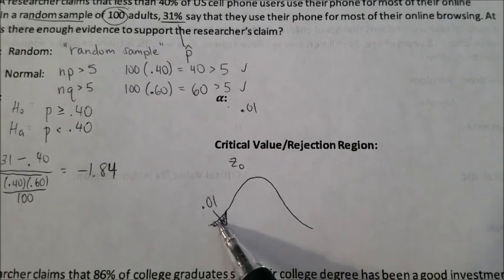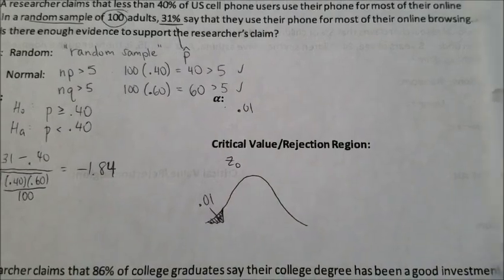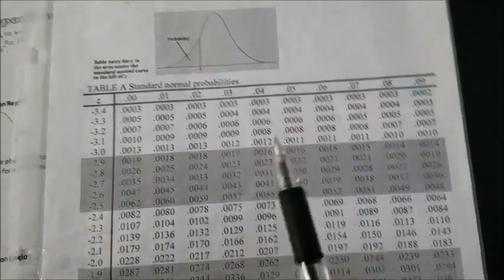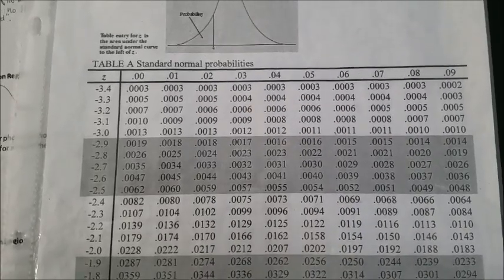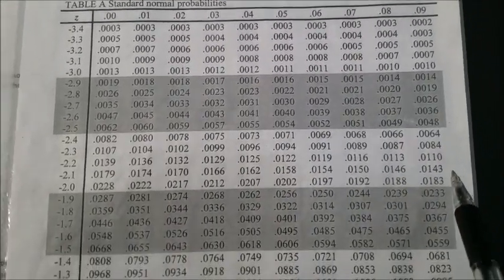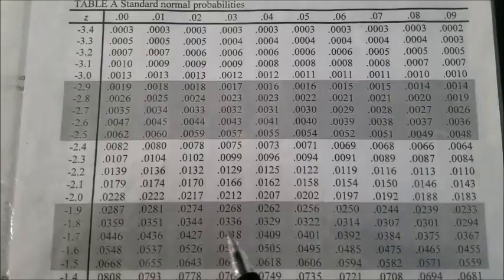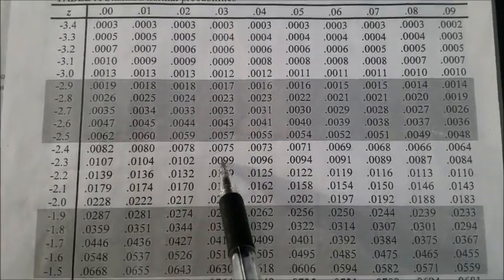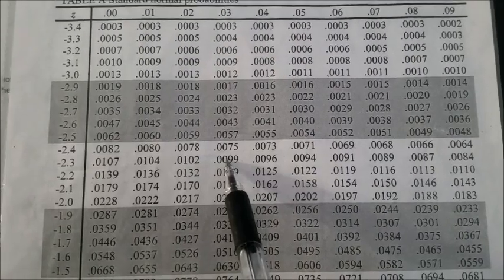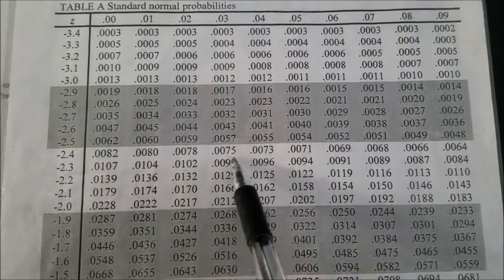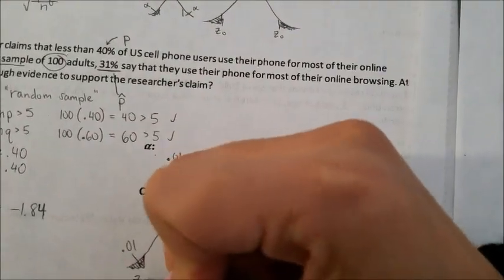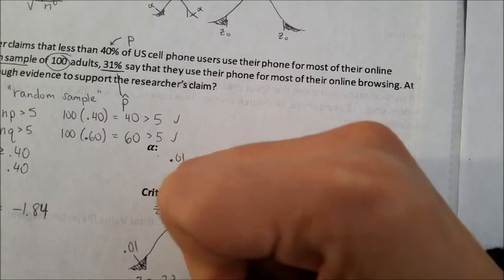Since it's shaded to the left, I'm just going to look in my chart real quick. 0.01 looks like it's closest to this one right here, which is negative 2.33. So that means my Z0 is negative 2.33.